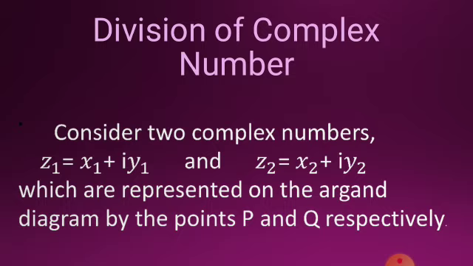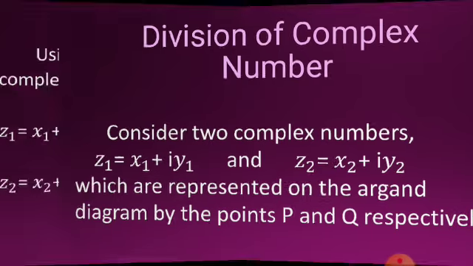Now consider two complex numbers, Z1 is equal to x1 plus iy1 and Z2 is equal to x2 plus iy2. These two complex numbers are represented by the points P and Q on the Argand diagram.